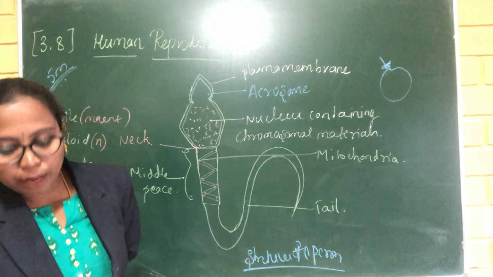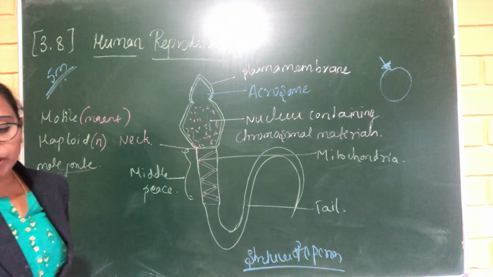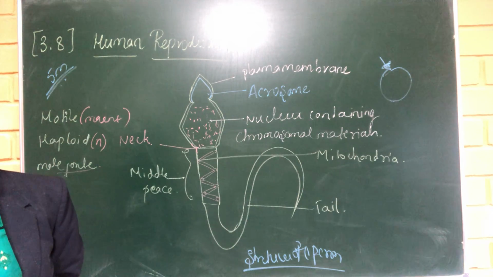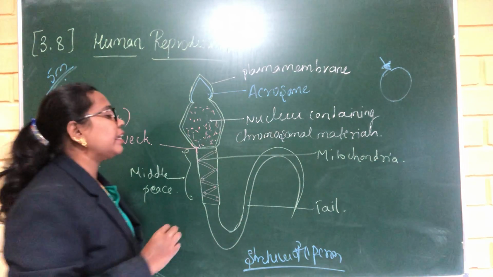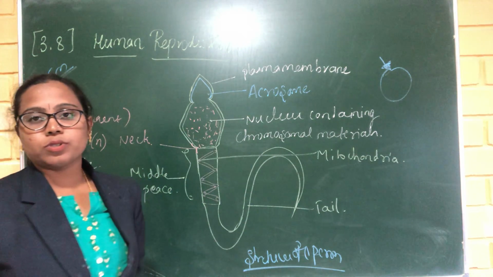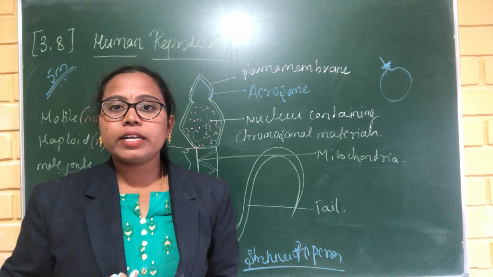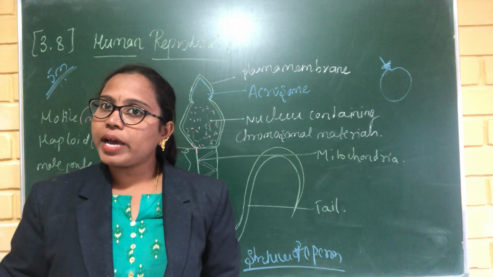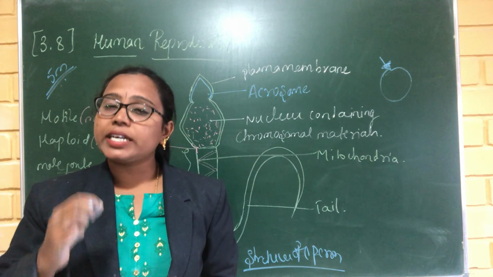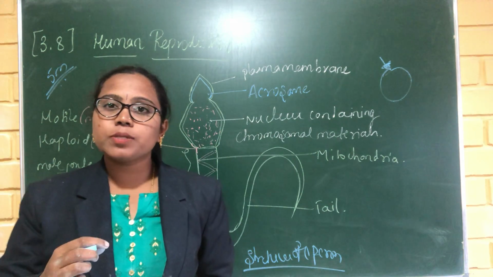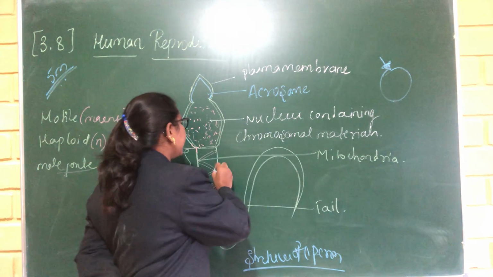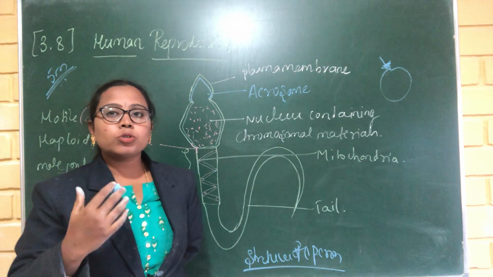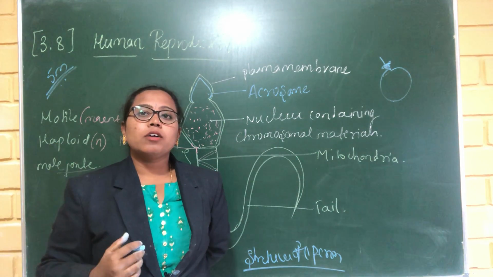The middle piece, which consists of many mitochondria, supplies the energy for the motility of the sperms, and it is very essential for the fertilization process. Without the mitochondria, no energy or ATP will be produced.